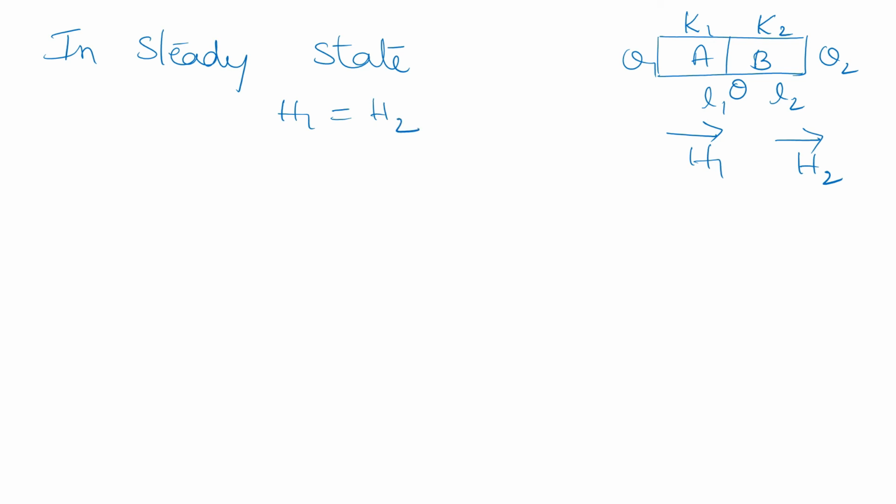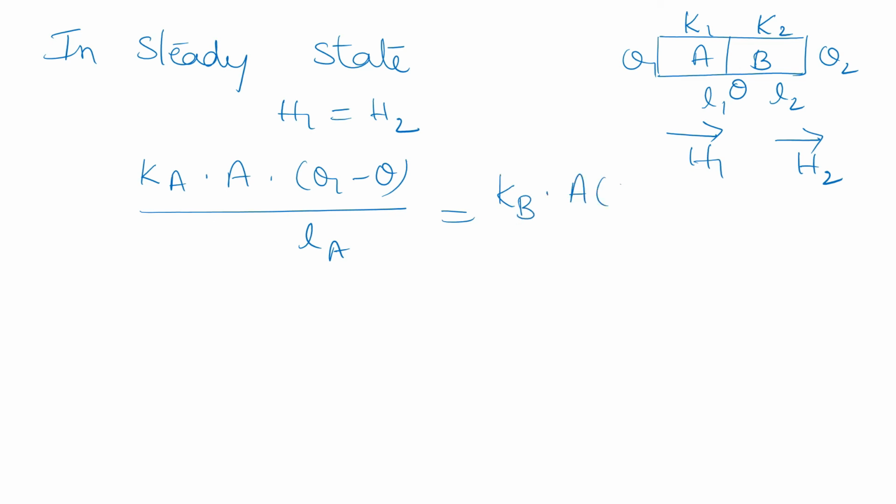So H1 is nothing but KA into (theta 1 minus theta) by LA, the length of the rod A. So that is equal to KB A (theta minus theta 2) by LB.